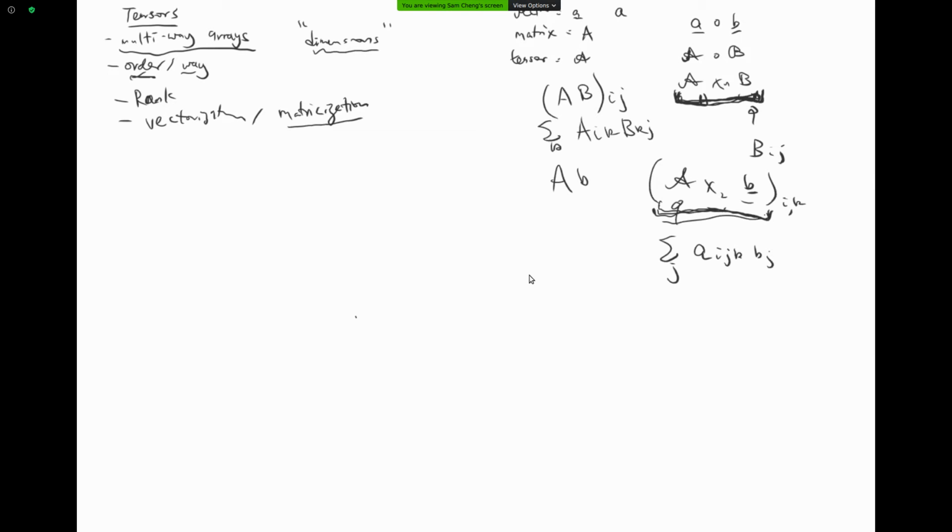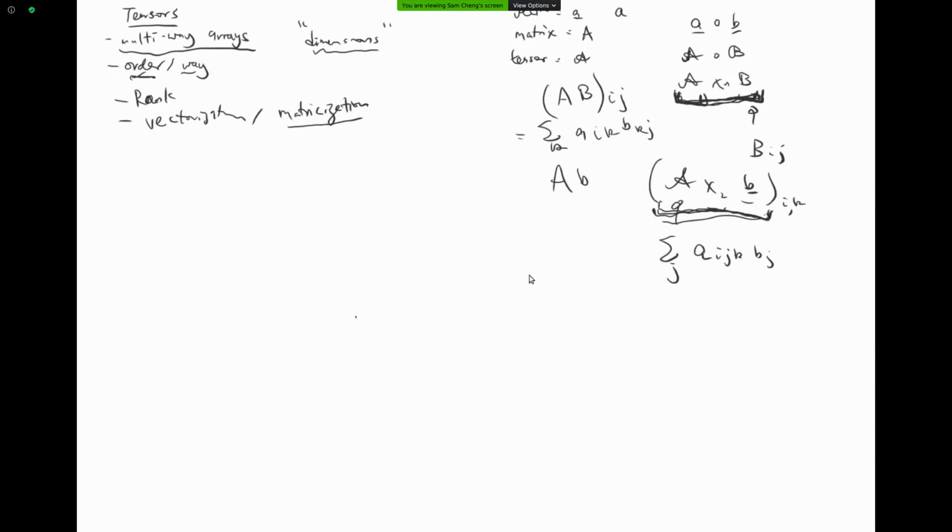Something like that. I probably should use lowercase letters to indicate this is a scalar element. That's basically how we do matrix multiplication.